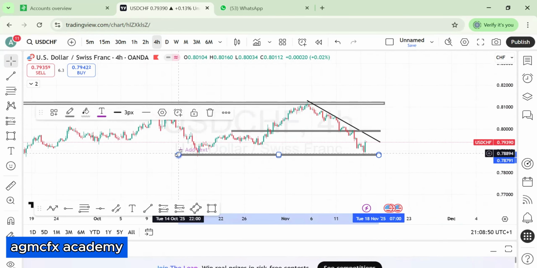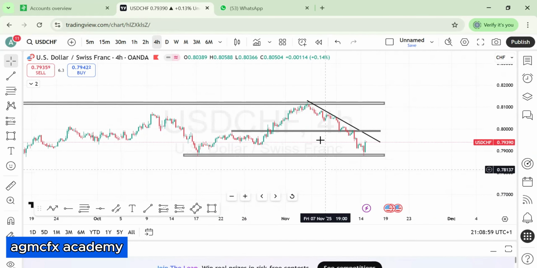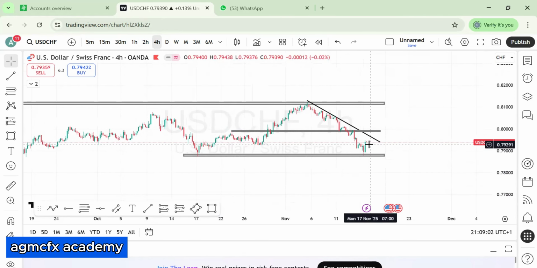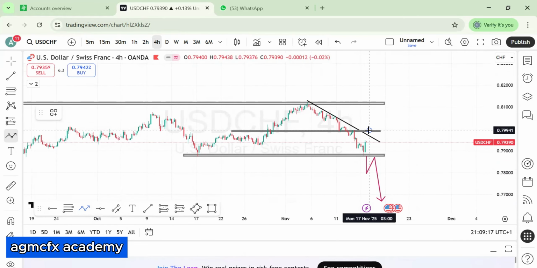So throughout this week, we need to be very careful with some of the trades because there will be more ranging on some of them. So when the market breaks below, then we can look for an opportunity to sell. And remember that the forex market requires patience. So you need to wait for the market to play out before you can take any decision.